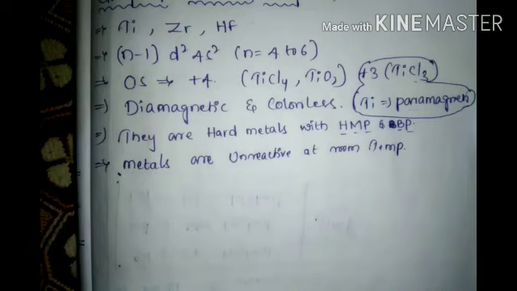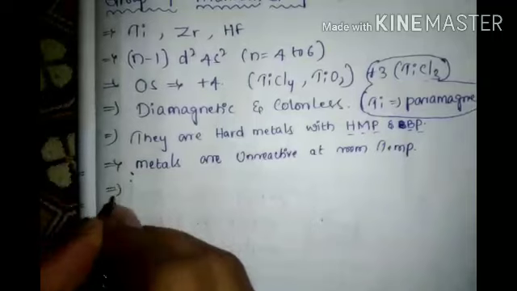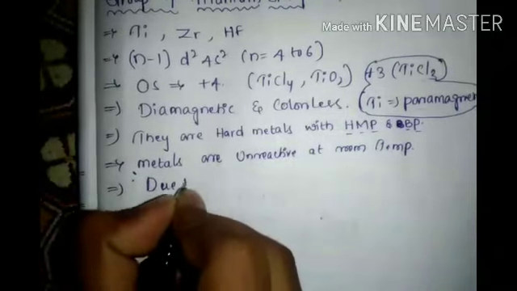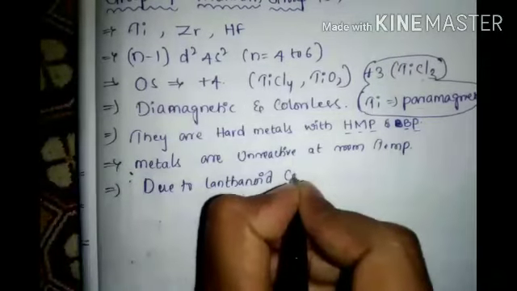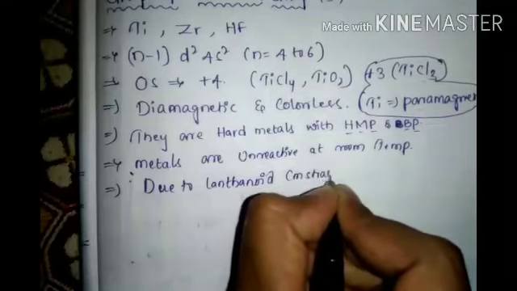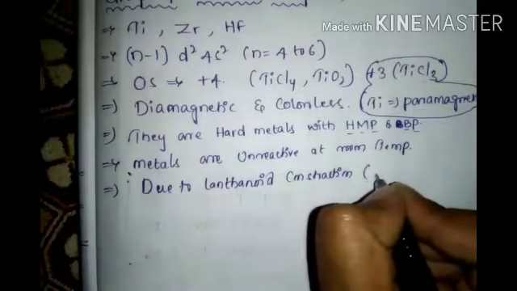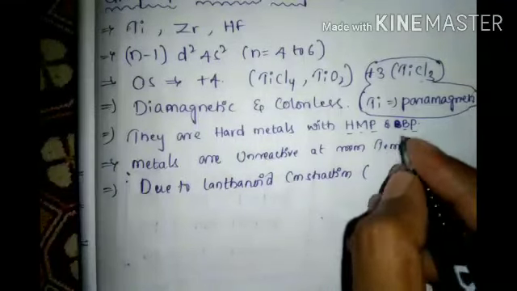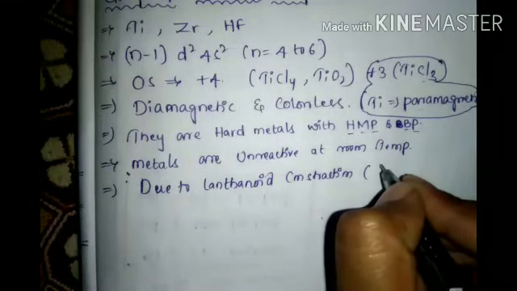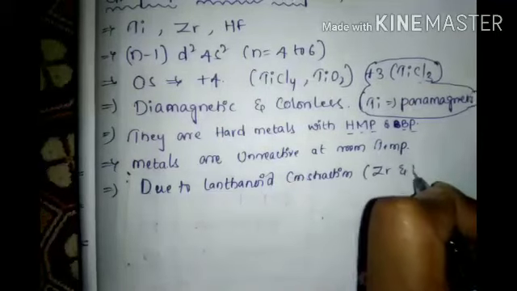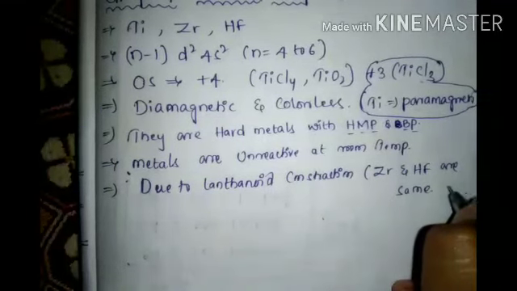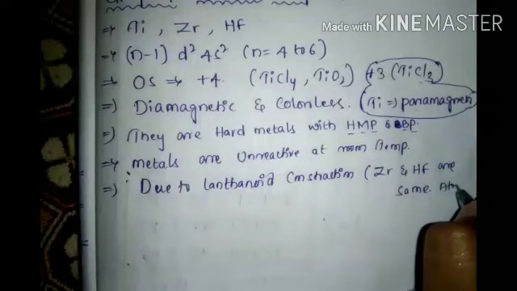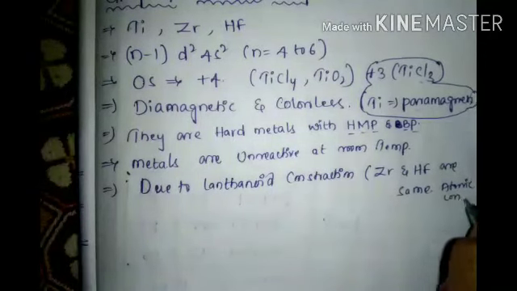One more interesting point: due to lanthanoid contraction, zirconium and hafnium, Zr and Hf, have the same atomic and ionic radii.